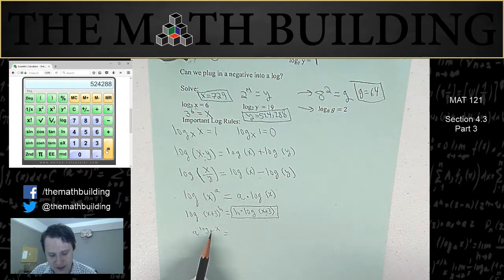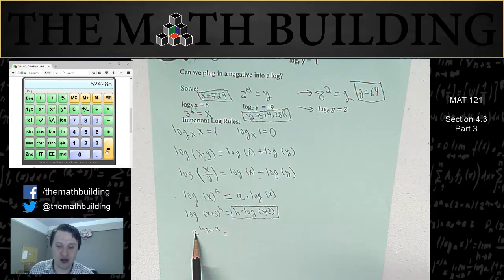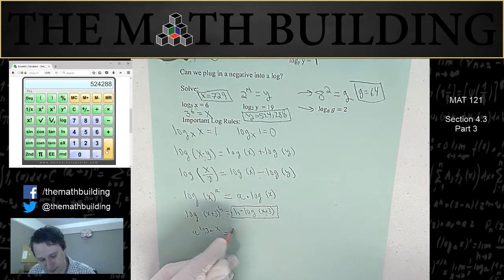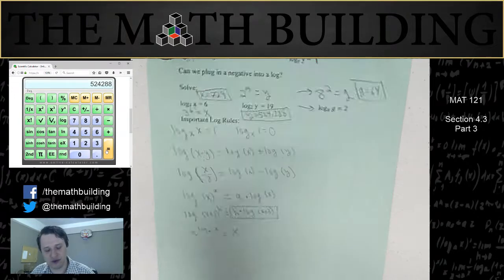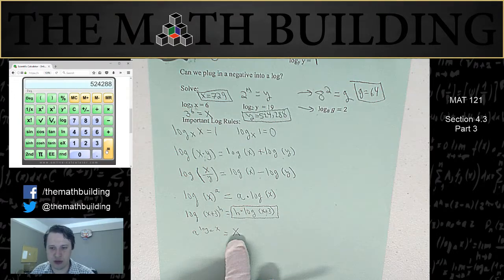Remember, an exponent is the inverse function of a log. So if I plug an inverse function into the other function, what should it equal? x. Anytime you have a function and you plug in its inverse, you just get x.